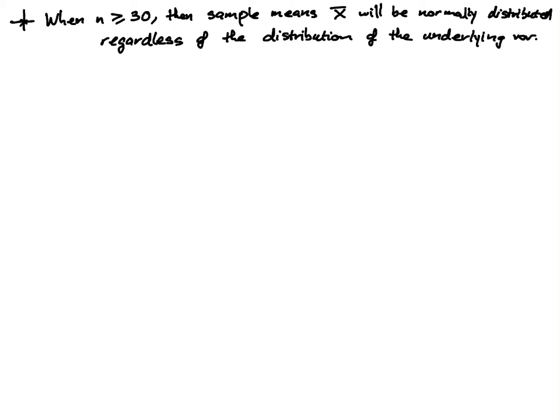Okay? But we haven't talked about the two other elements of the sampling distribution of the mean, right?